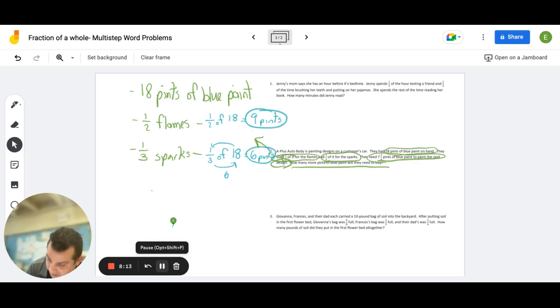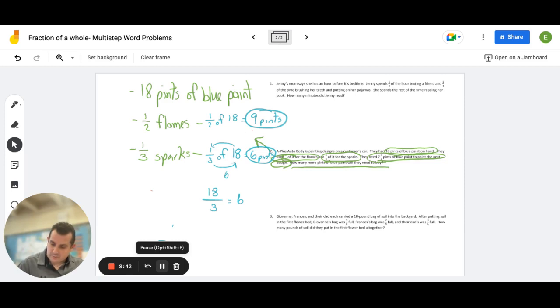Or I can multiply across. 1 times 18 is 18. And then we would do 3 times, we'd have the imaginary 1. 3 times 1 gives me 3. 18 divided by 3 is 6, which is what we had right there. Okay? Sorry, I was looking down.